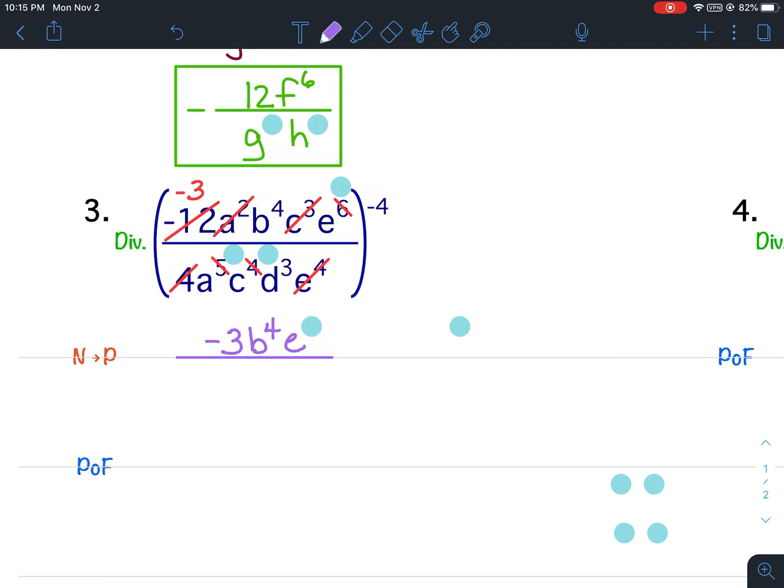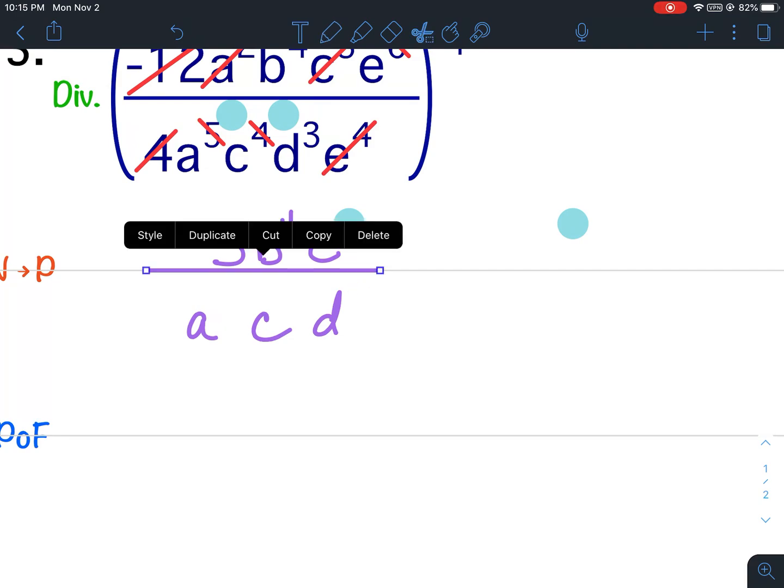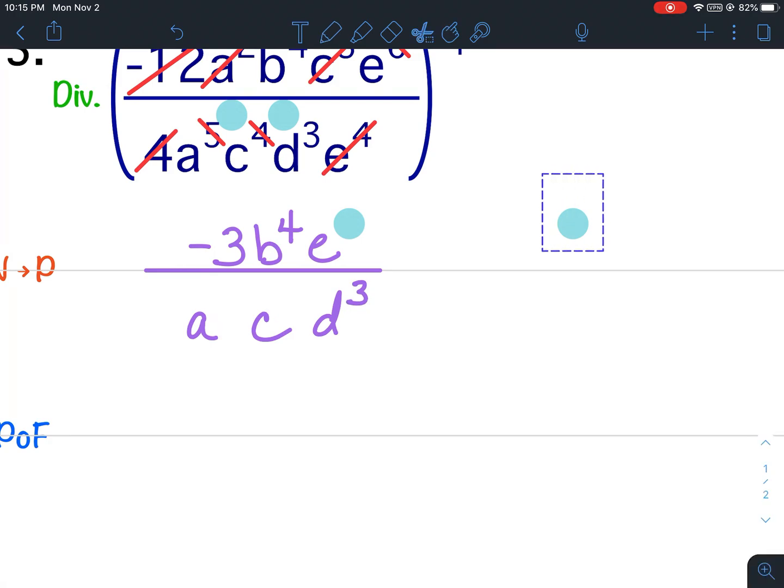On the bottom, I have variables a, c, and d. It's d to the third, but you had to find the exponents for the a and the c.